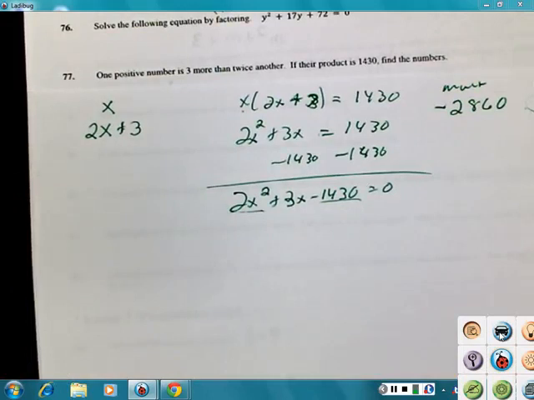So we still got to take 2860, divide it by... That's the tough ones when they give you such big numbers in here. Well, I got 65 and 44, but that's not giving me 3.